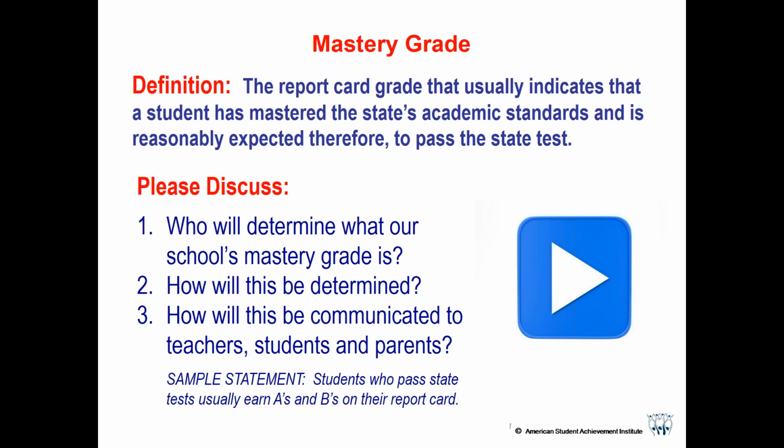And then how are you going to communicate that to teachers, students, and parents? If you decide, like we had one school that when they started doing some studies, they discovered that a majority of students who got B's on their report card did not pass ISTEP. And so they had to communicate to parents, a B is not okay. You really need your kids to get A's in our school.